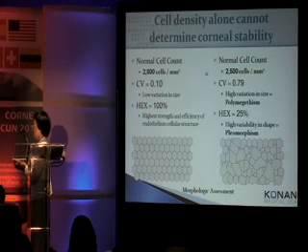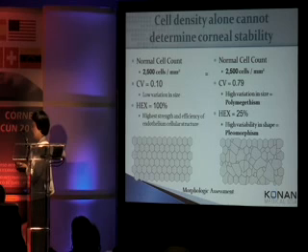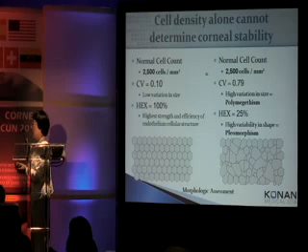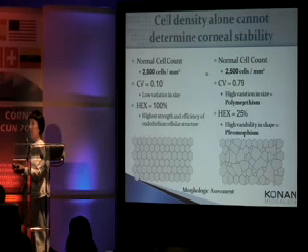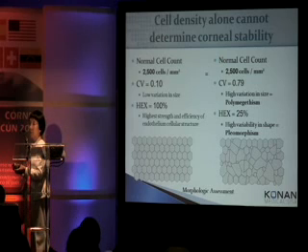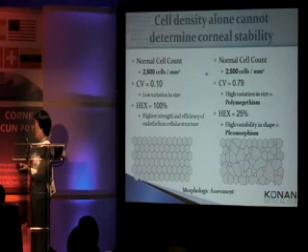On this side, there is high cell size variation of 79 and hexagonality of only 28.5%. There is enough evidence to show that endothelium with high polymegathism and pleomorphism is vulnerable to surgical trauma, probably due to low functional reserve.